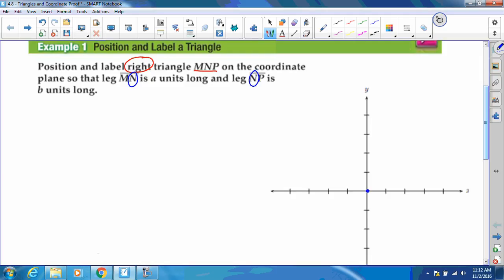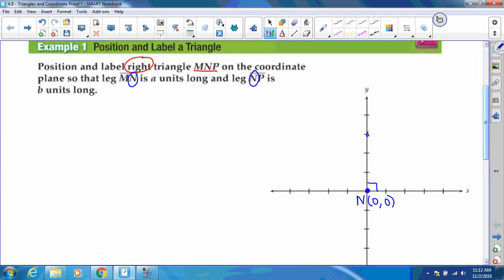So I'm going to put the origin, because if you notice, the y-axis and the x-axis automatically form a right angle. So I'm going to have the repeated vertex N be here, and this would be the point (0, 0). And then it doesn't matter which way I go.